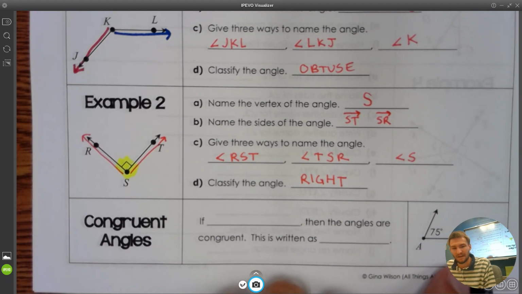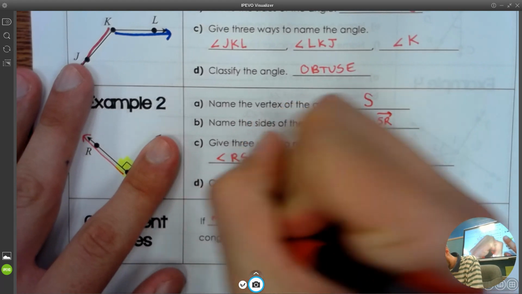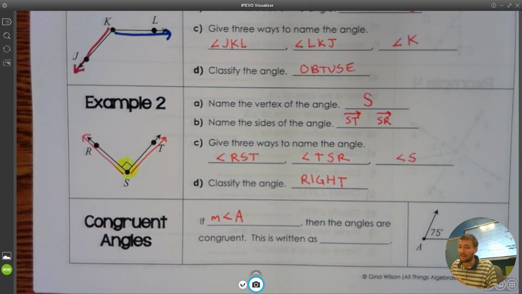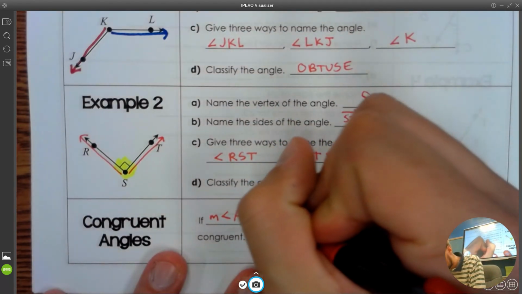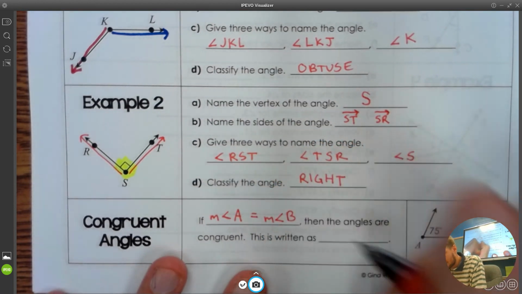So we could say that the measure of angle A, remember that little M is telling us about the exact measurement of the angle, is equal to the measure of angle B, because they're the same. 75 is equal to 75.